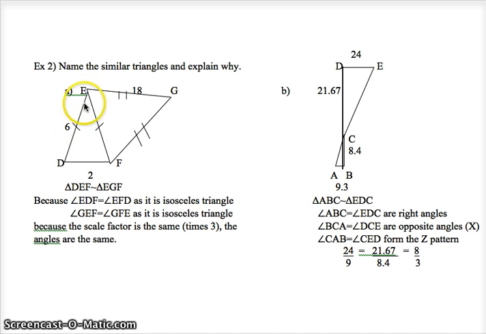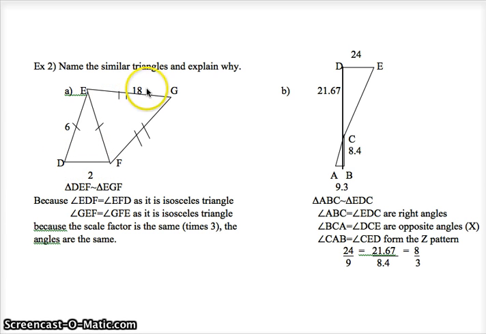Okay, so if we look at these two triangles, if we pick our bottom left corner, D, okay, that triangle DEF, going along the two isosceles sides, is similar to EGF because we can see that it's an isosceles triangle, so our two small angles have to be equal.